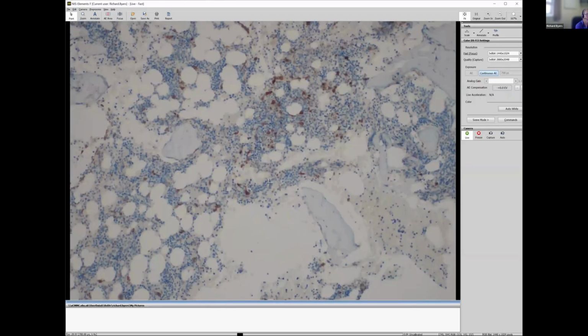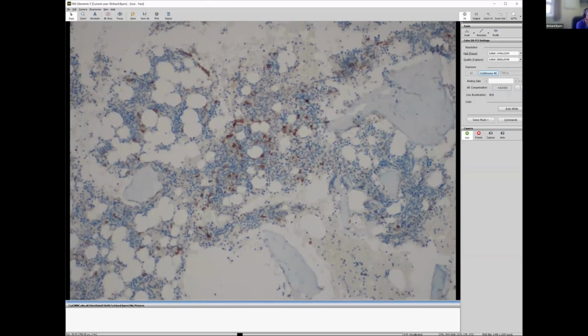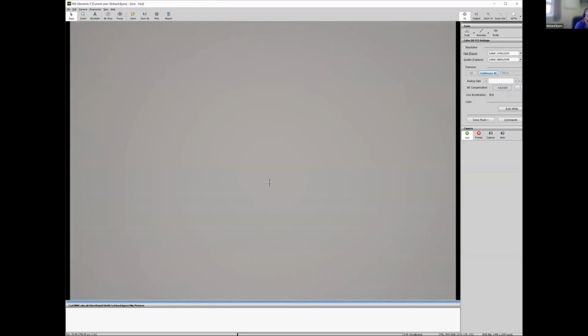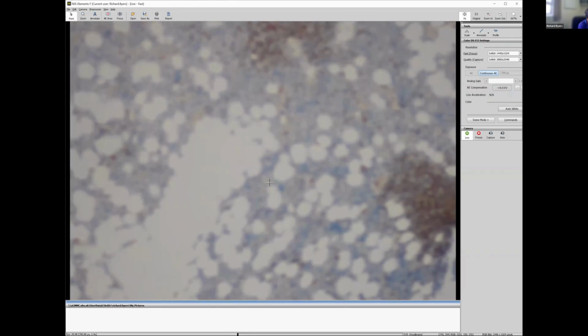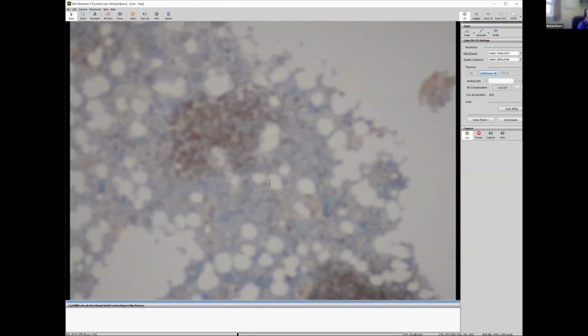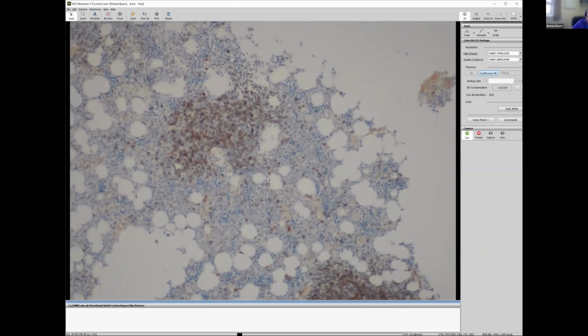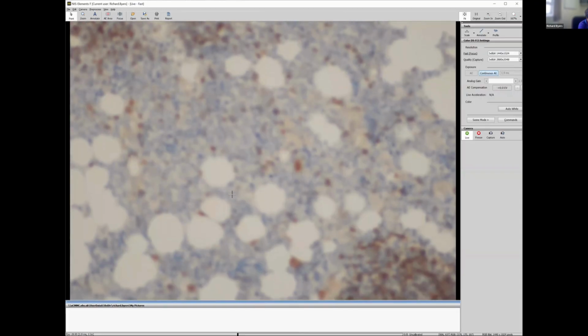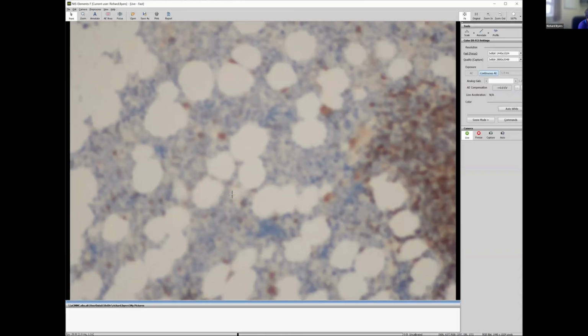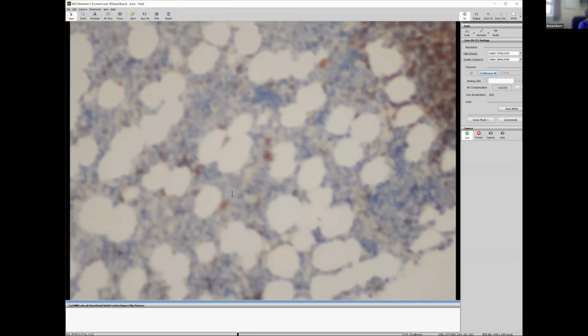So an increased number, and we also looked for CD2, which is aberrant staining. So we've got CD2 positivity in these aggregates because there are T cells in these aggregates. And also some of the spindle-shaped mast cells are CD2 positive as well.